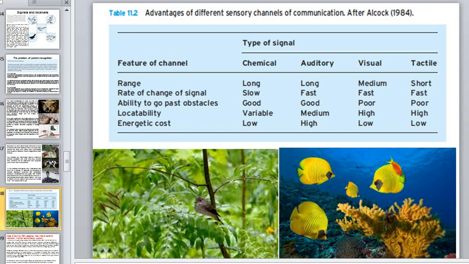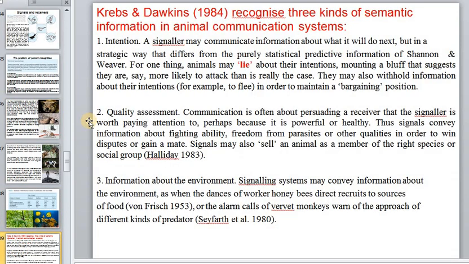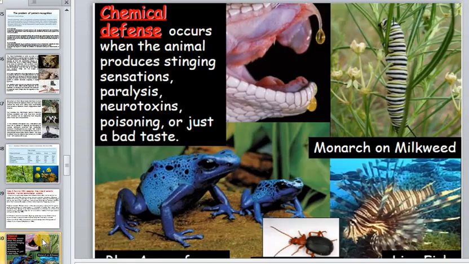But to what extent do signals generally convey information about an animal's state, and how honestly do they convey it? We recognize three kinds of semantic information in animal communication systems: intention, quality assessment, and information about the environment. Here we will not stop on this.